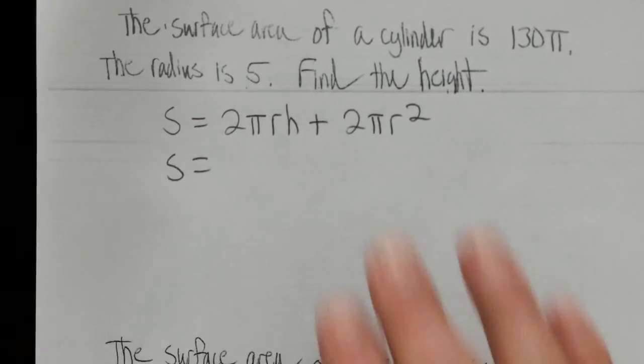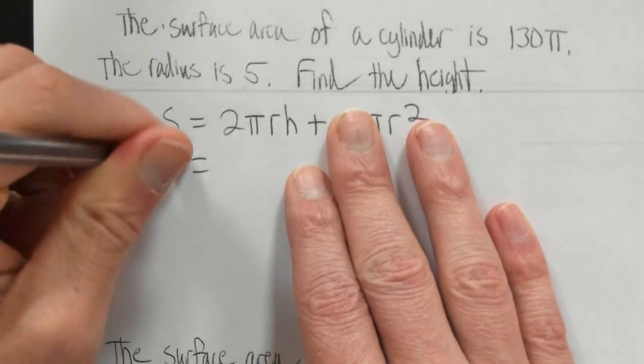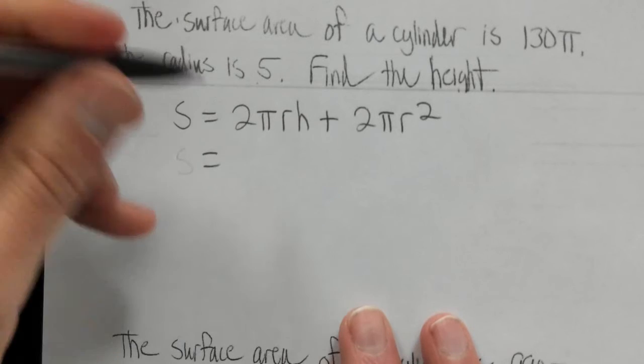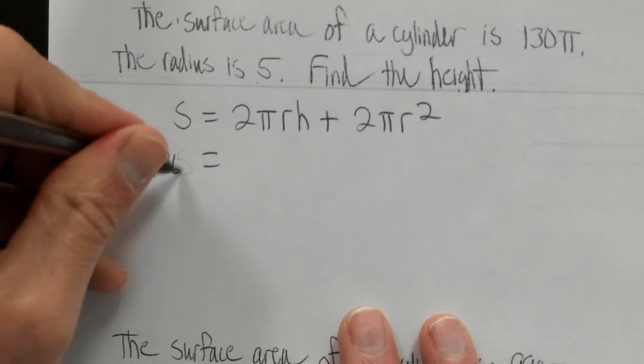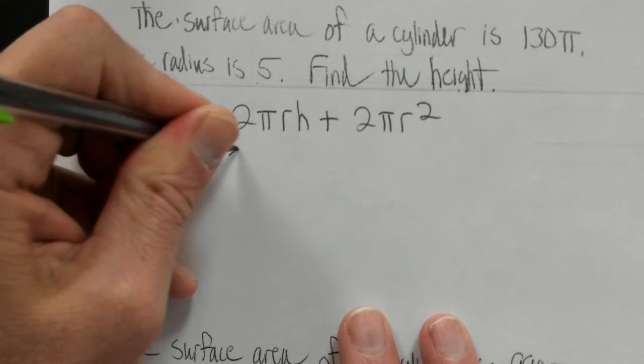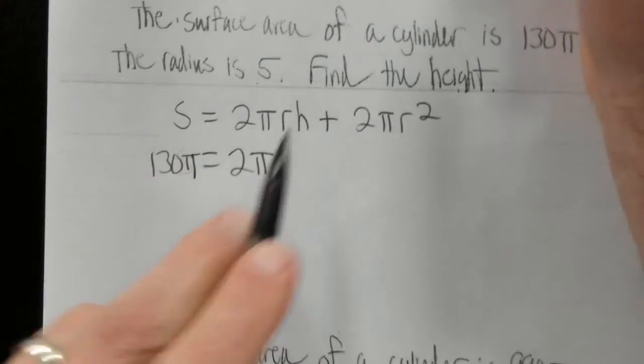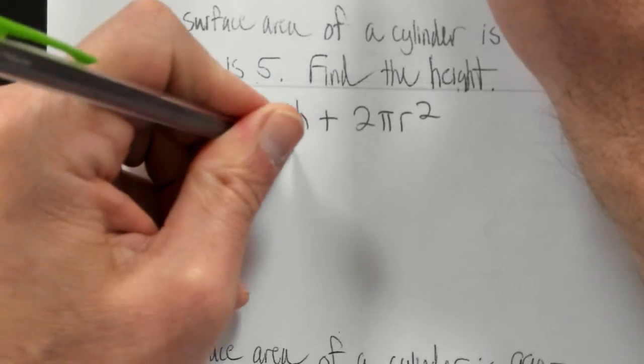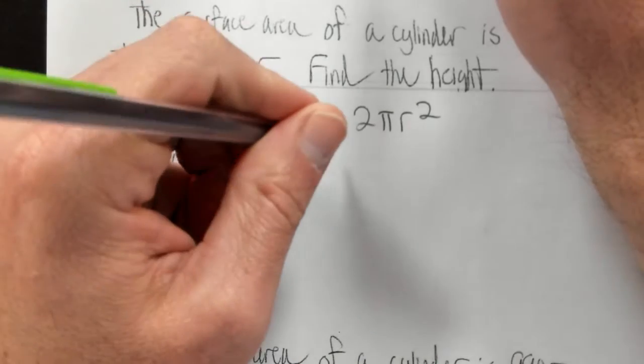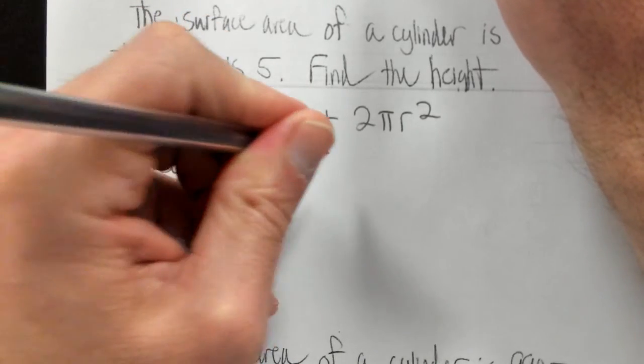Alright, so it's telling me that the surface area is 130 pi, so I can plug that in for S. 130 pi. We got 2 pi. Now the radius is 5, so in place of r, I'm going to put a 5. The height is what's missing, so that will just stay as an h.